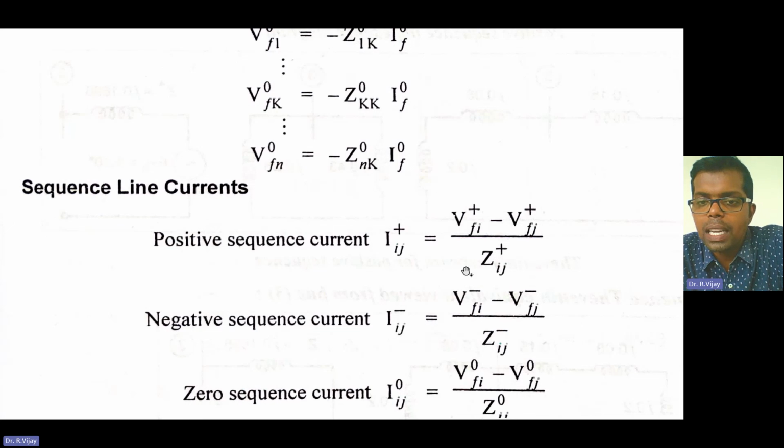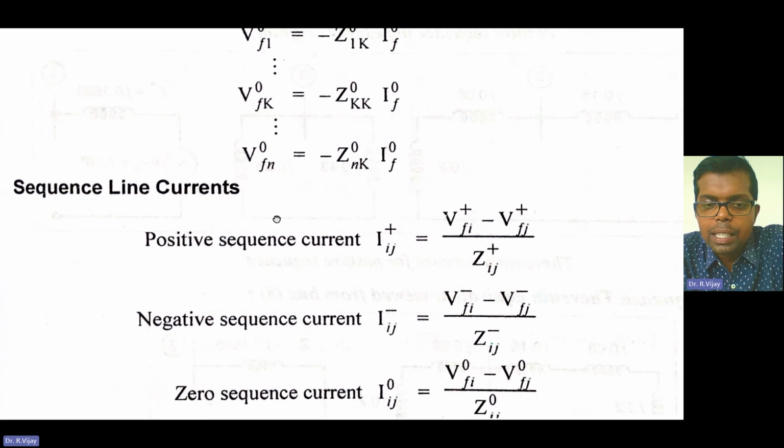We have already seen this formulation previously, for the positive sequence between buses I and J. Similarly, the negative sequence current between I and J, Iij negative, is equal to VFI negative minus VFJ negative divided by Zij negative.